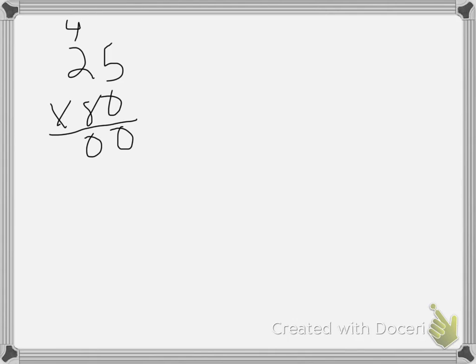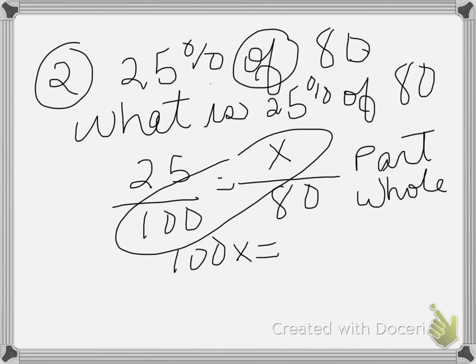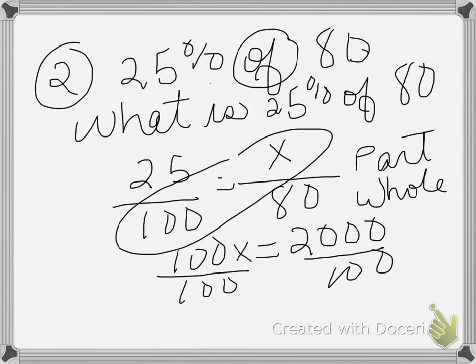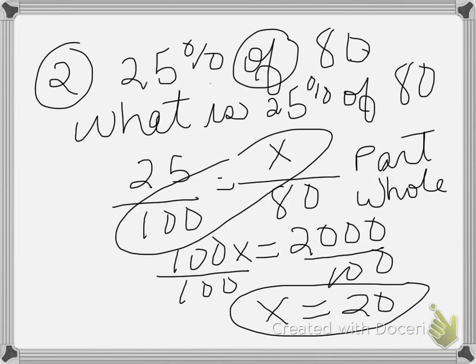Carry your 4. 2 times 8 is 16, plus 4 is 20. So that's 2,000. So we have 2,000. And of course, if we divide both sides by 100, what is your answer? The answer is 20. Okay, the answer is 20 for number 2.